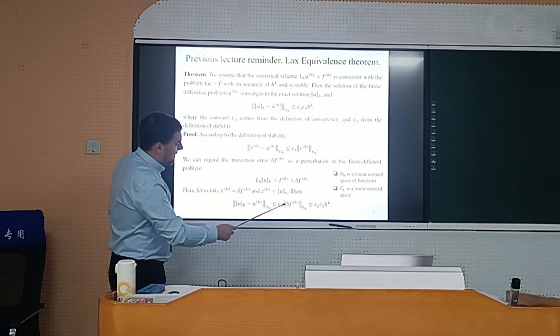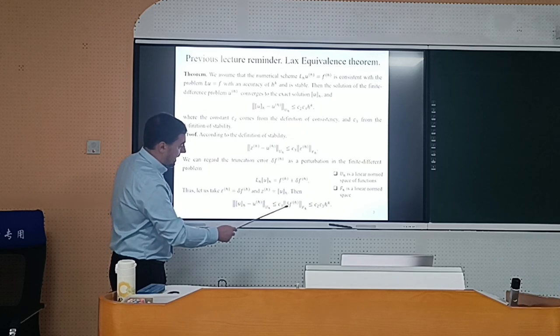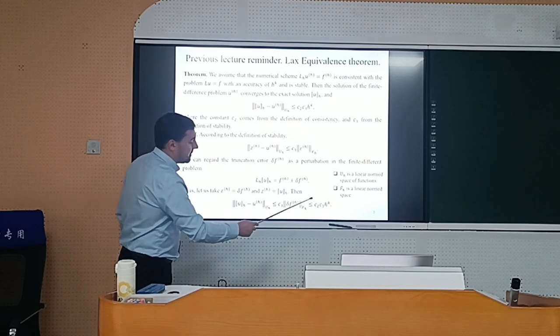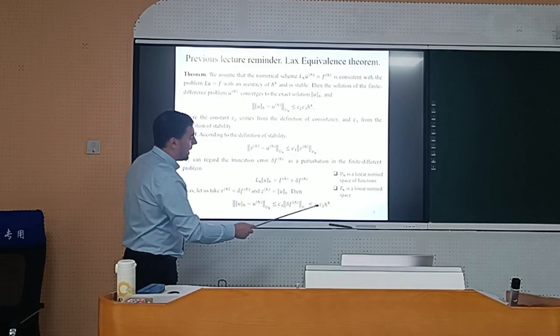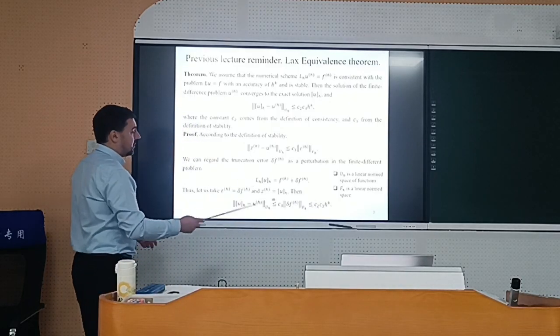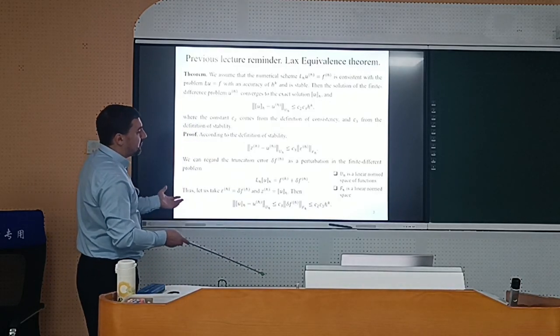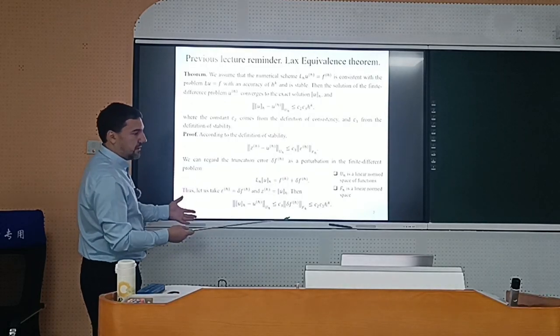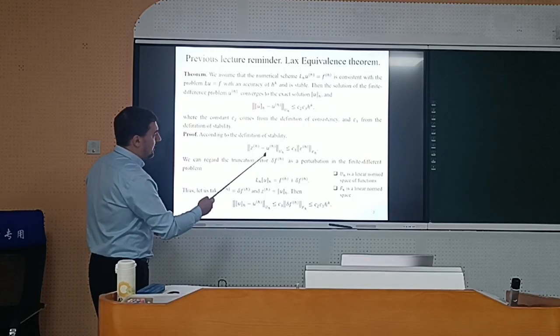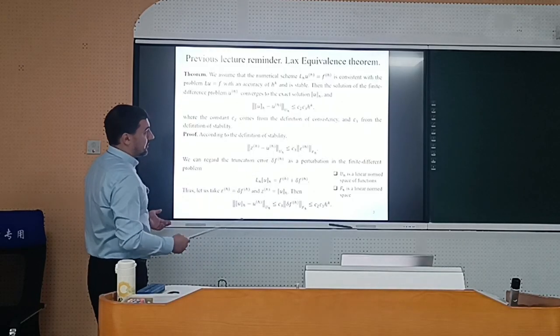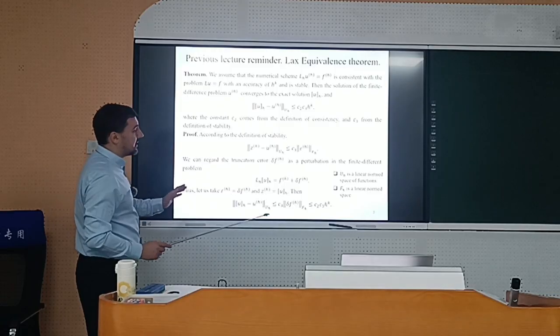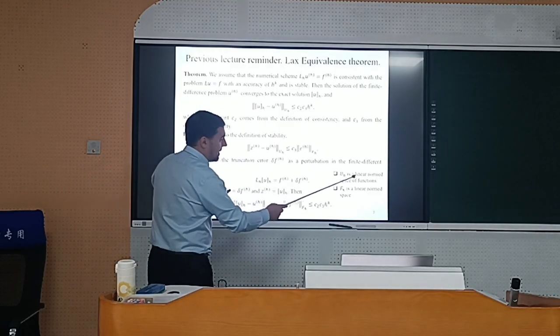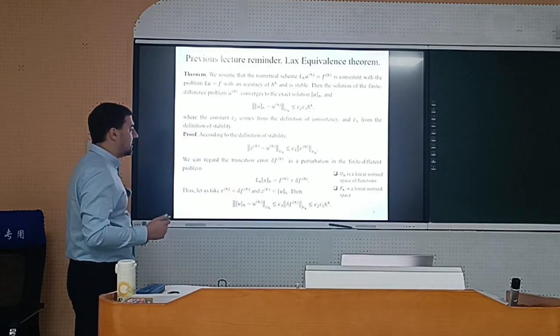It's less than C3 times the norm of the truncation error, but the norm of the truncation error in turn is less than C2 h to the k. So the theorem is proved very easily if we know the formal definitions of stability and consistency. We also discussed what it means that UH is a linear normed space of functions.